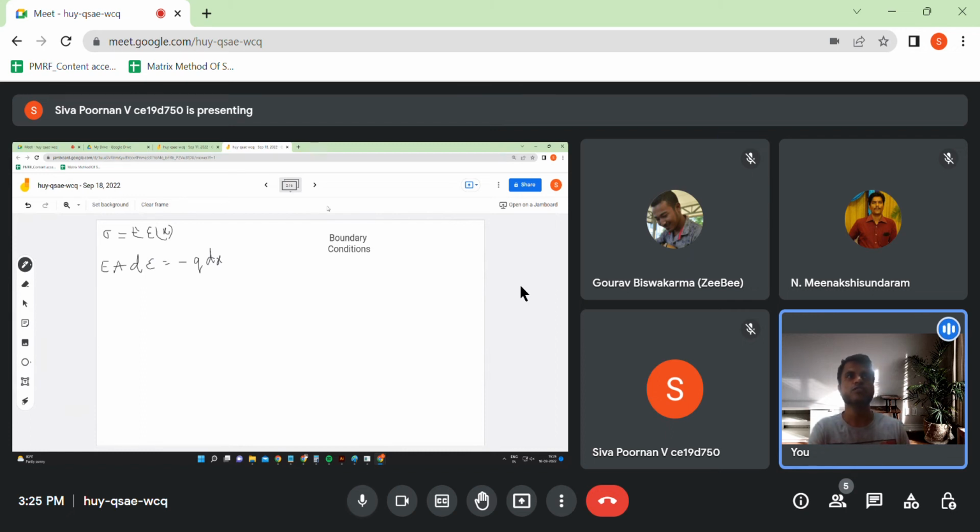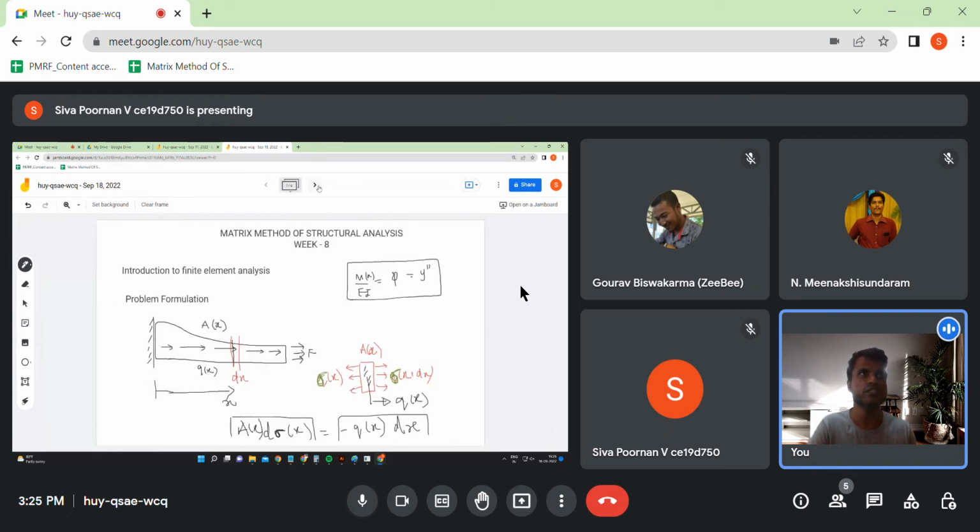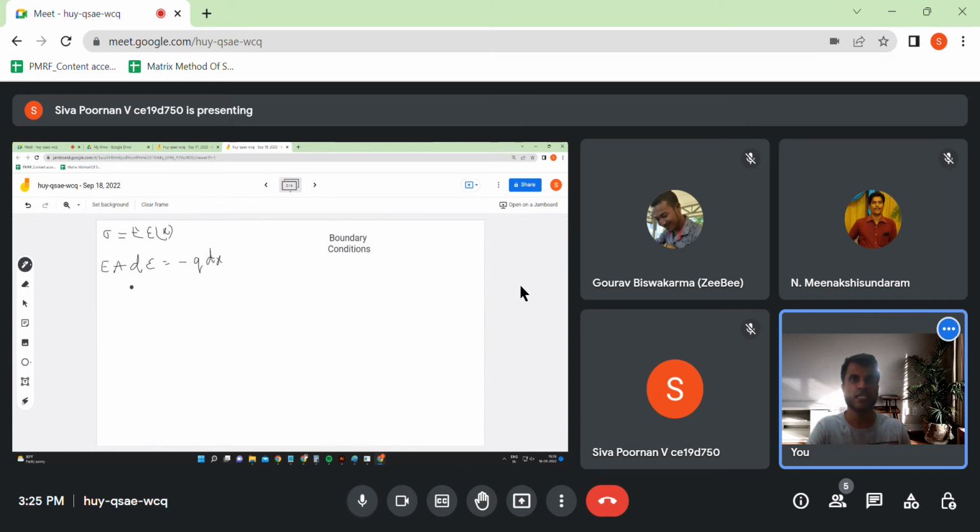Right? So now I can find out strain also. I know it's nothing but du by dx, right? If u is the displacement at any point, then epsilon is nothing but du by dx. So I can write it as EA into, if strain is written as du by dx, then differentiation of that will just become u double dash, is equal to minus q, where I have written d epsilon by dx as u double dash.